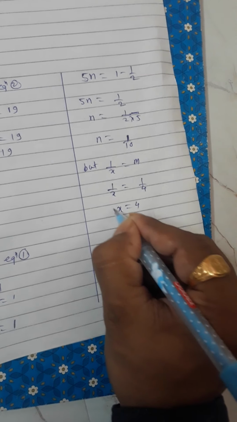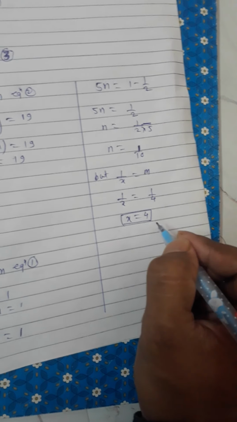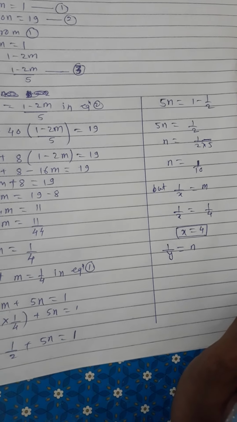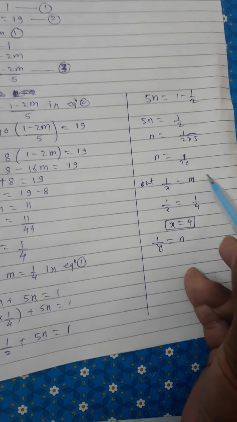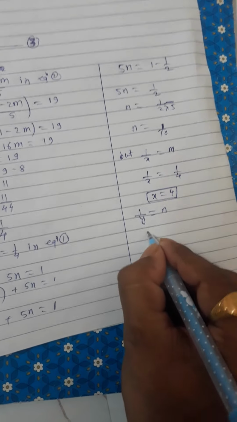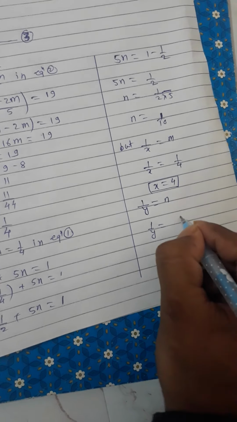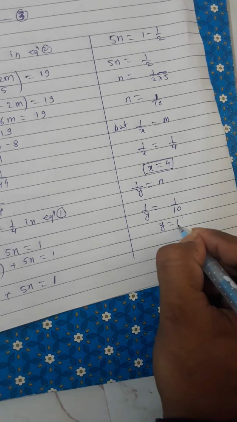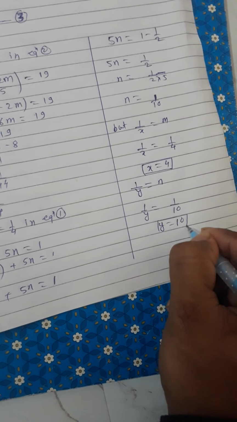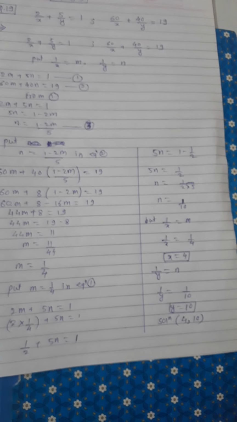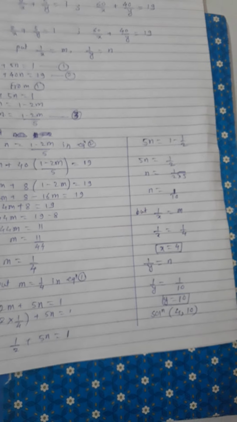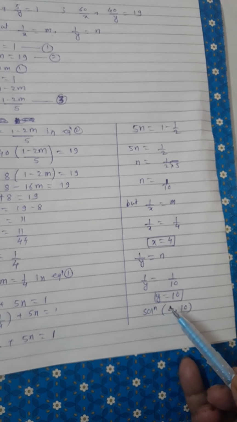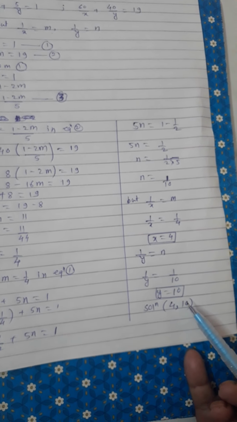Therefore x is equal to 4. And 1 by y is equal to n and the value of n is 1 by 10. So 1 by y is equal to 1 by 10. Therefore y is equal to 10. Therefore the solution of the equations is 4, 10.